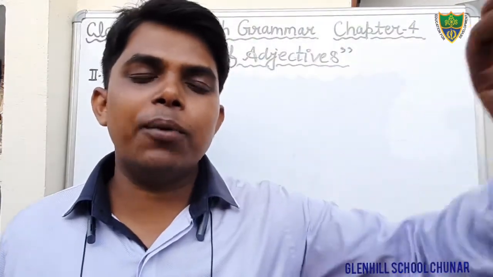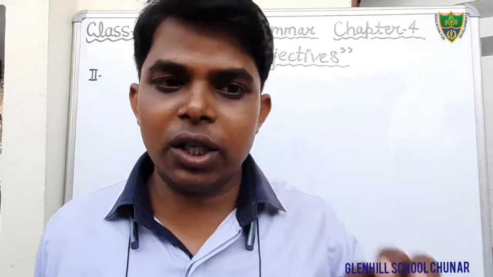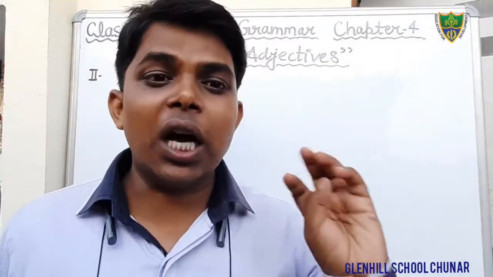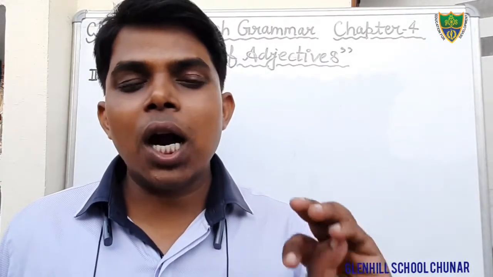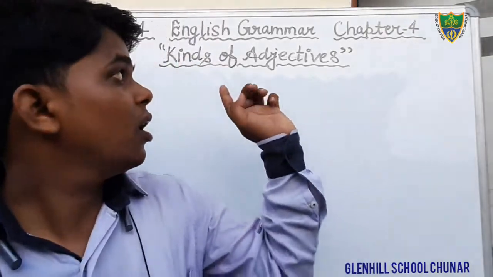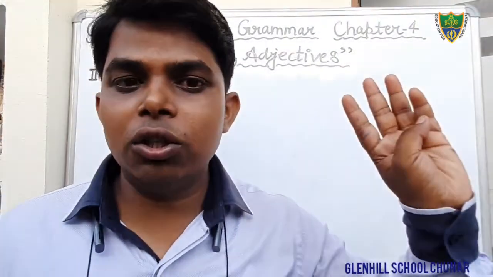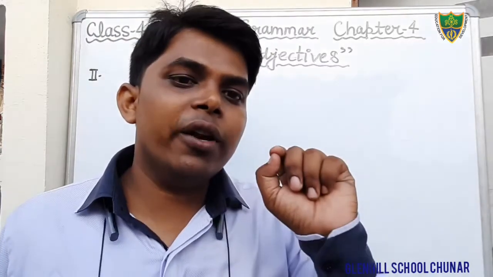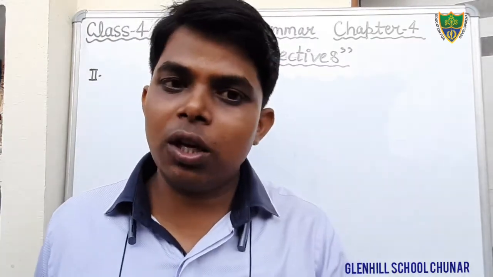Dear students, I have taught you what a demonstrative adjective is. The words what, which and whose are used as demonstrative adjectives when used to denote something, to point out something.